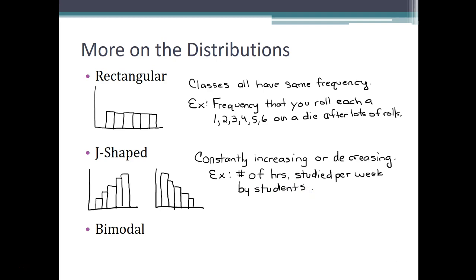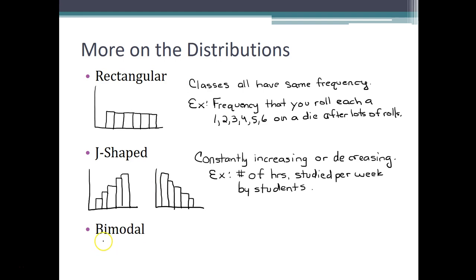You might have lots of students who study 0 to 5 hours, fewer that study 6 to 10 hours, even fewer that study 11 to 15 hours, and so on. The more study hours there are, the fewer students you'd probably have doing that. So it would probably be a steady decline in frequency, or how many students are studying that much time. So that can be an example of a J-shaped distribution.